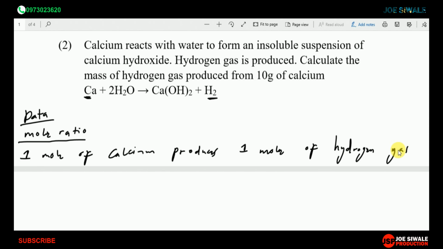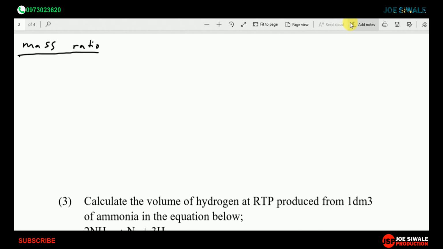Then after that, we're going to find our mass ratio. And to find our mass ratio there, we're going to say 40 grams of calcium produces 2 grams of hydrogen gas.